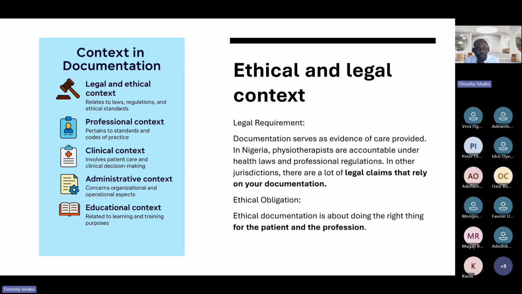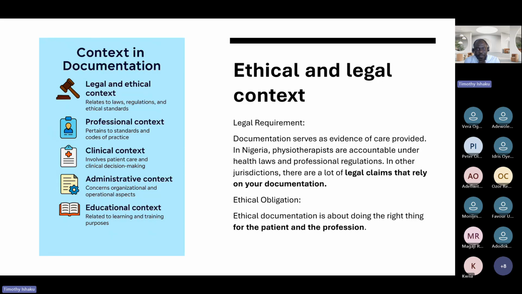In fact, there are what we call medico-legal experts, people with experience in these areas, who will come and have a look at it, especially when a patient sues a service or a therapist. The main point that will be looked into is your note taking.